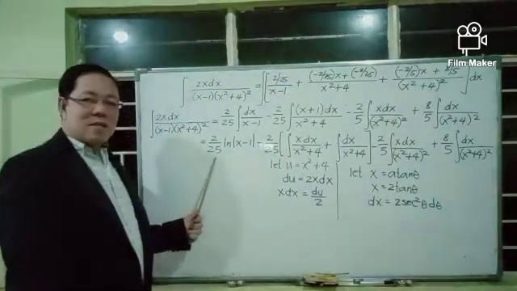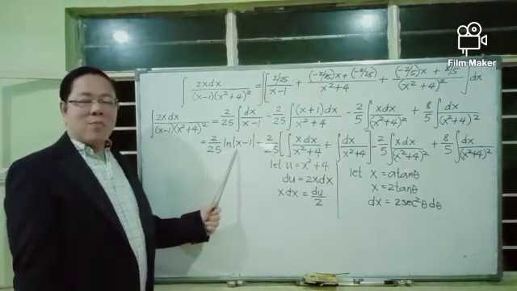The first term is as is, 2 over 25 times ln of x minus 1.